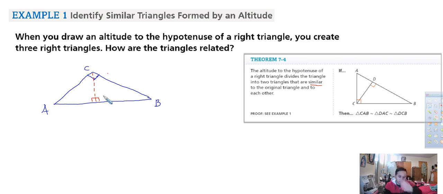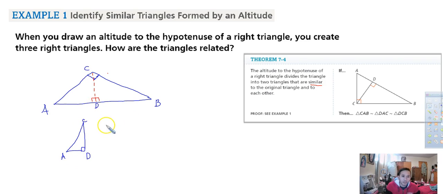If I separate these two triangles, this will be my first triangle that I separated because I drew an altitude there. This will be your A, C, and let's say this is D, so triangle ACD.